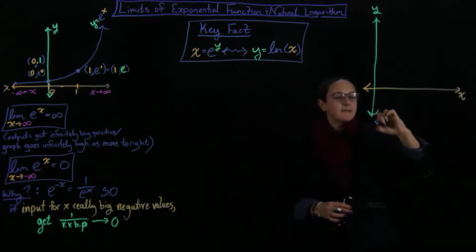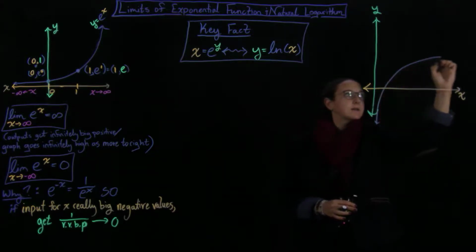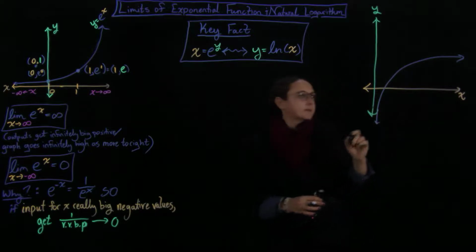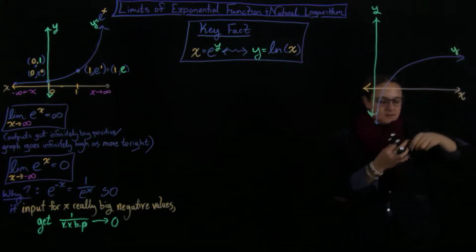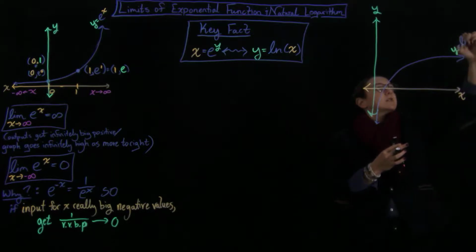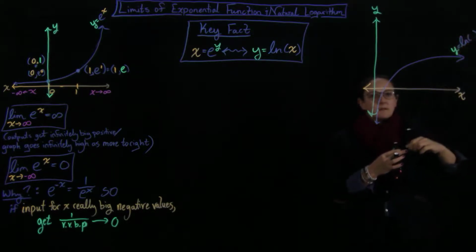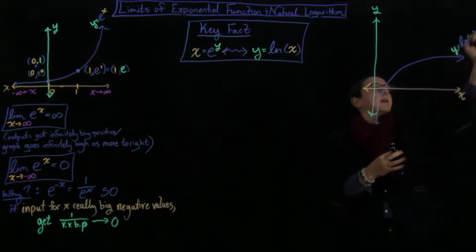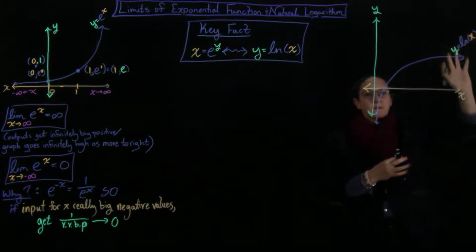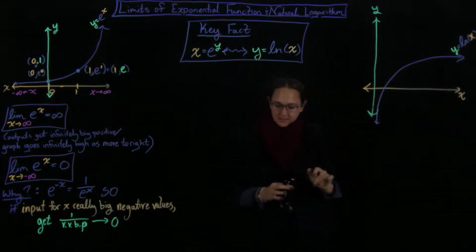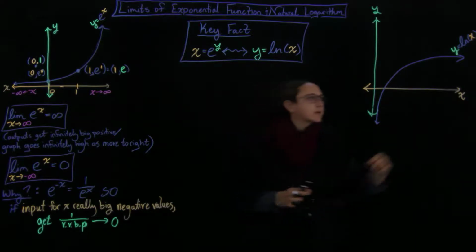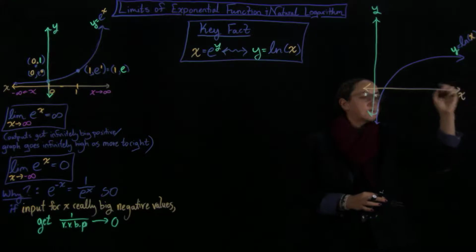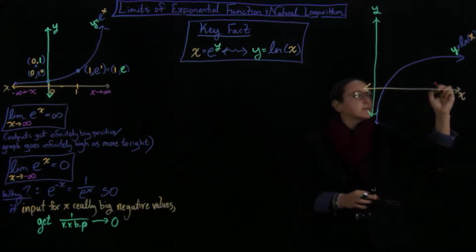So this graph is going to look something like this, okay? So this is y equals the natural log of x. Going in this direction is x going to infinity.